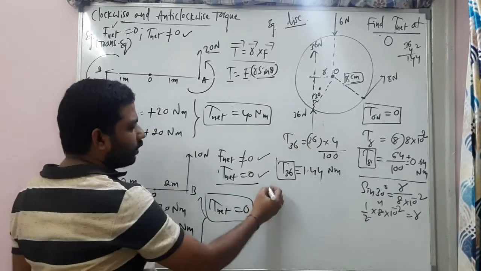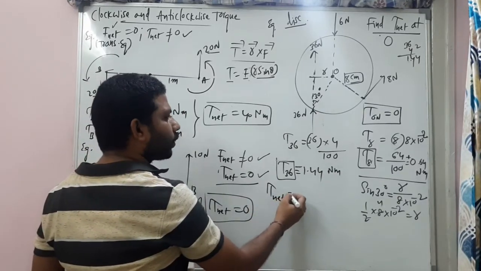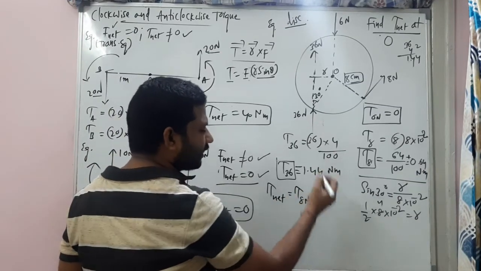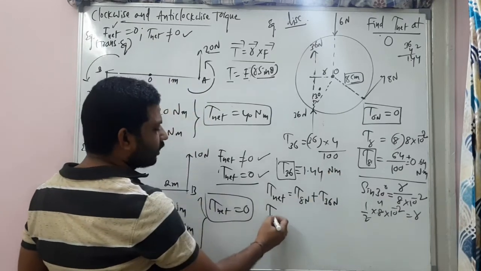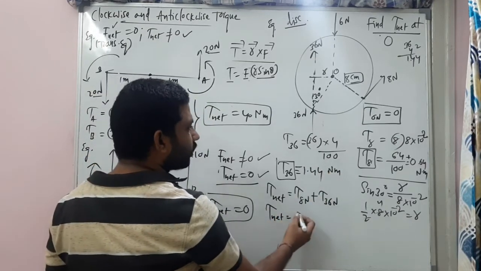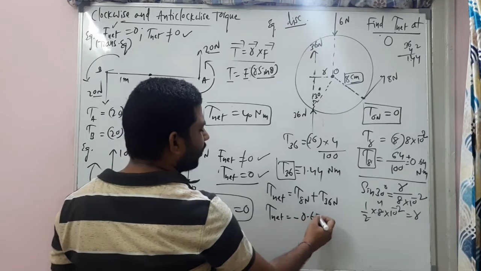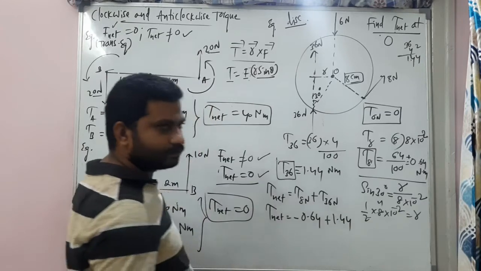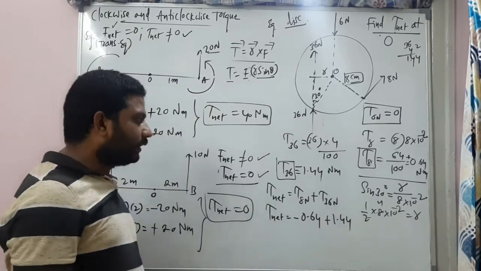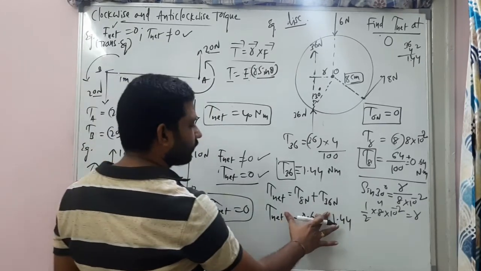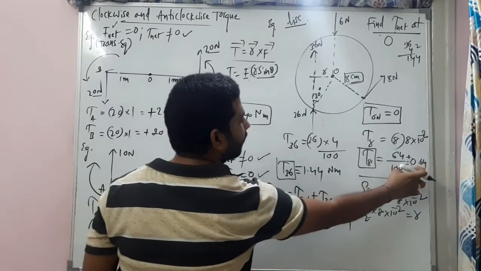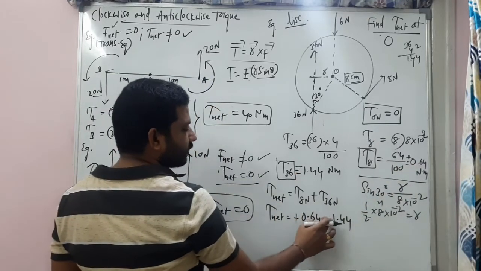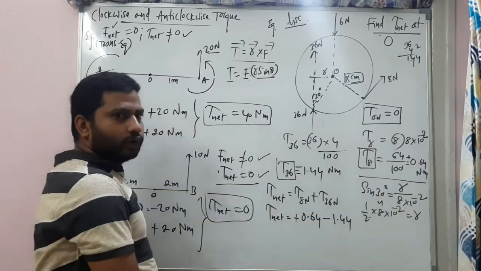Okay. So now the net torque is equal to the torque due to the 8 newtons force plus the torque due to the 36 newtons force. Net torque is equal to plus 0.64 and minus 1.44.